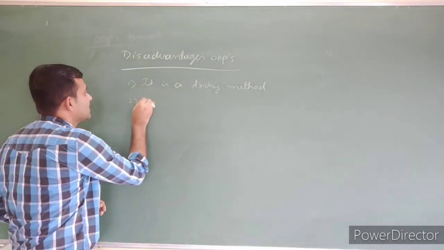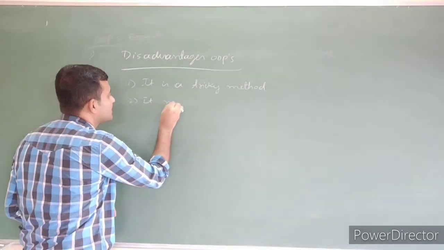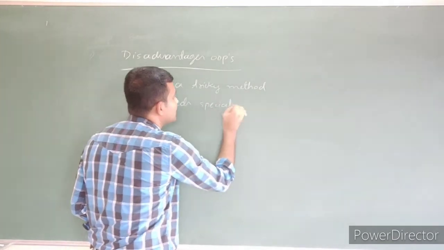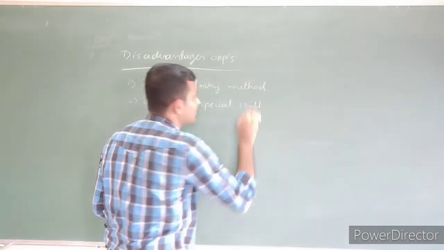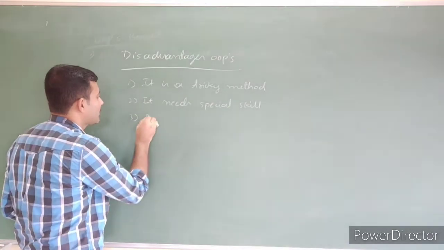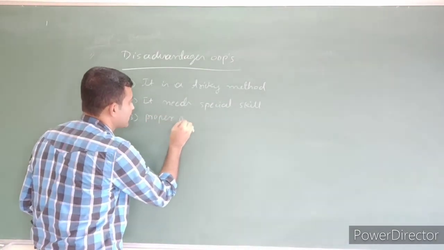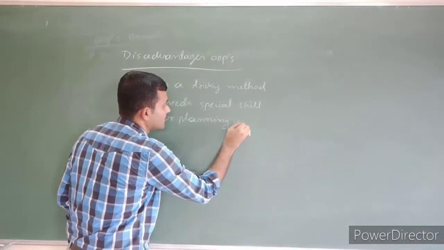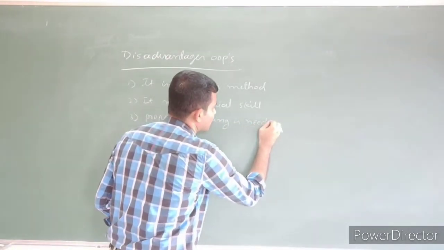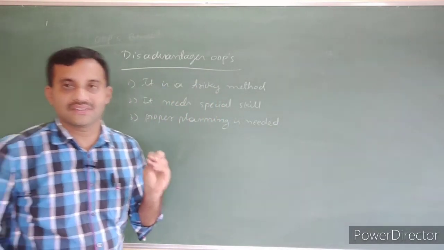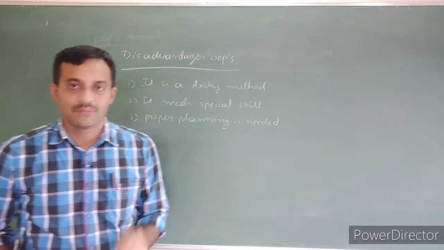Second one is it needs special skill. Then third one is proper planning. Proper planning is needed. These are the only 3 disadvantages of object oriented programming.